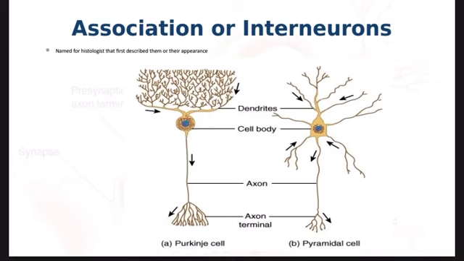If you see pictures of them, they are what we call association neurons. They are usually named for the people who described them or for their appearance. For example, the one on the right, B, is a pyramid cell, and you could see it here, while the Purkinje cell is on the left. This is the person who discovered it, the first one who saw it.